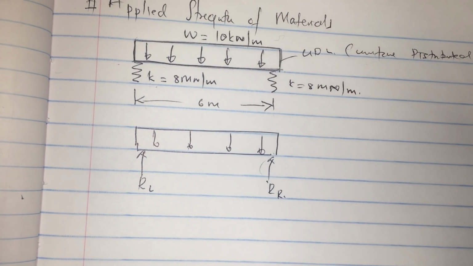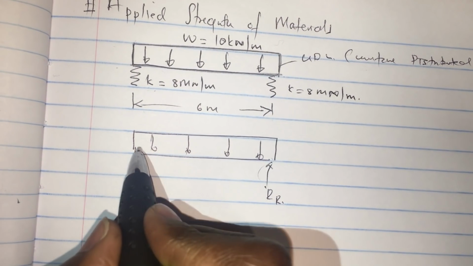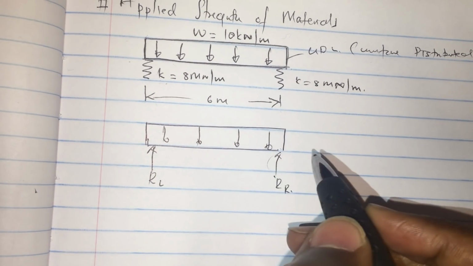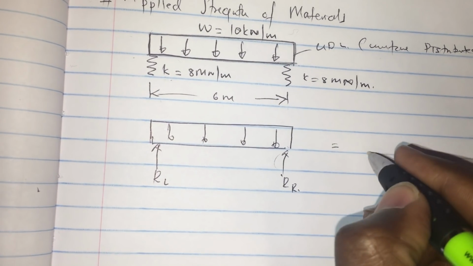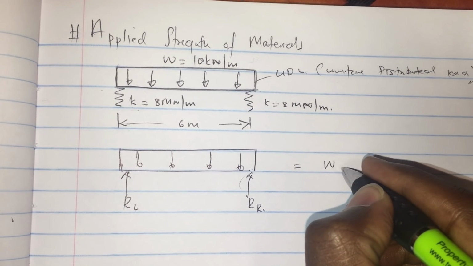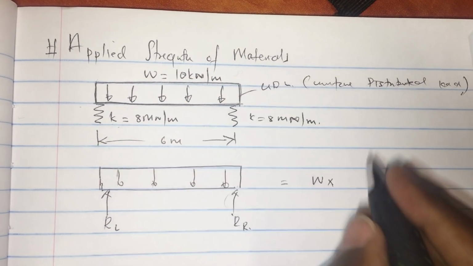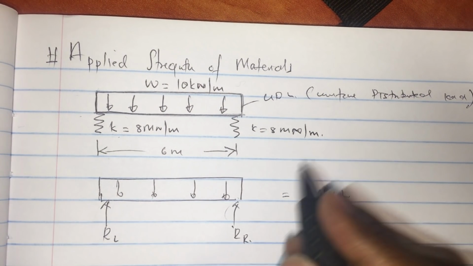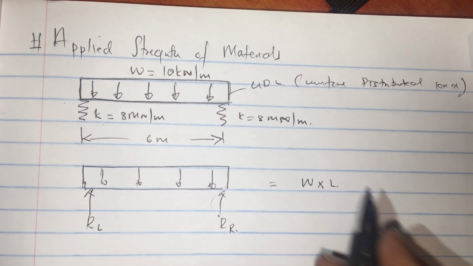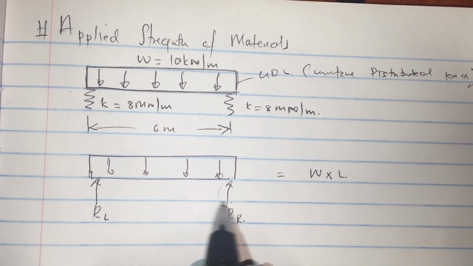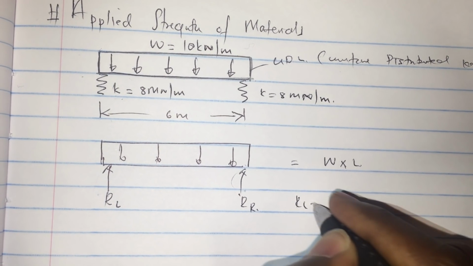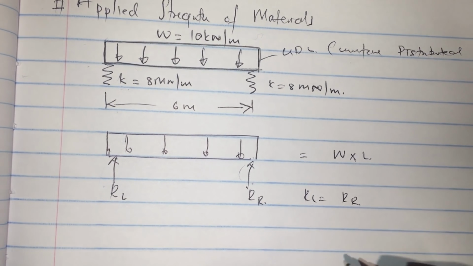In a UDL, the total weight that this beam is going to exert is equal to the weight density, W, times the length of the beam, L. And if this is uniform, then the reaction forces at these two edges, RL, is equal to RR.